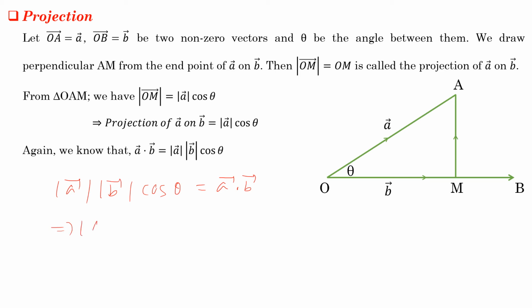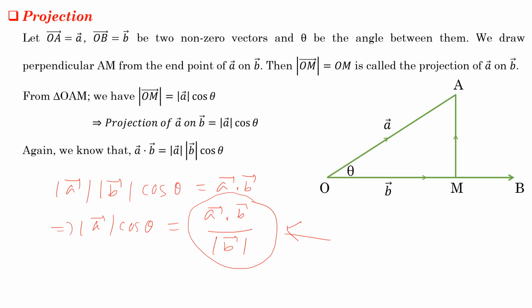So I write here mod A cos theta on the left hand side, and the right hand side will be equal to simply A bar dot B bar divided by mod B bar as the denominator. So you can find this projection of A bar on B bar in this way also. This is also one of the alternative ways to find the projection of a vector A bar on B bar.